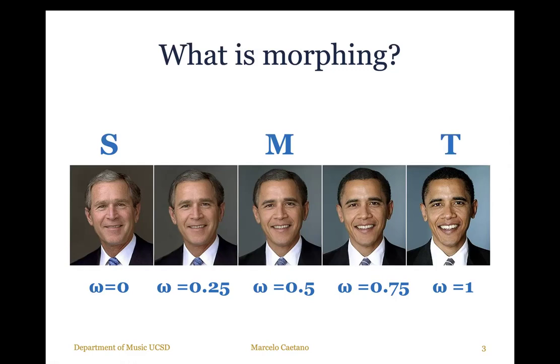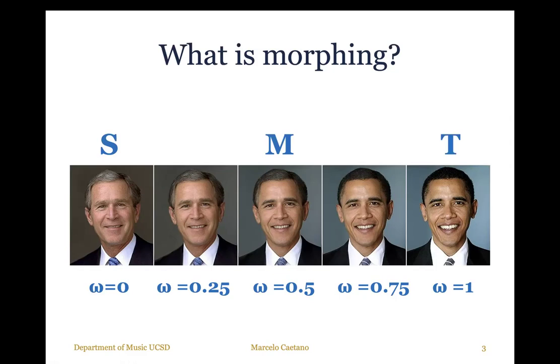When it's at 0, we are at the source. When it's at 1, we are at the target. And intermediate values of omega would place us at intermediate relative distances from the source and the target.